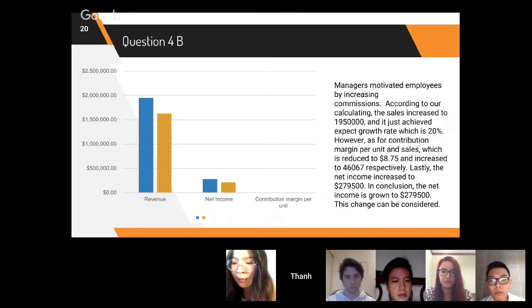However, the contribution margin per unit is reduced to about $8 and the break-even sales increased to about $1,100,000 respectively. Lastly, the net income increased to $279,000. This change can be considered.